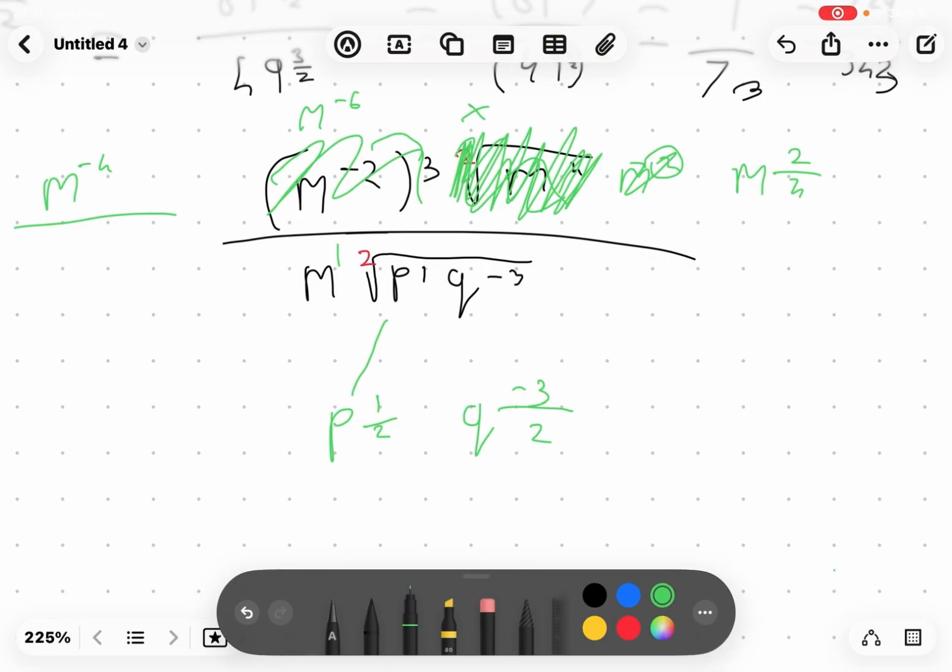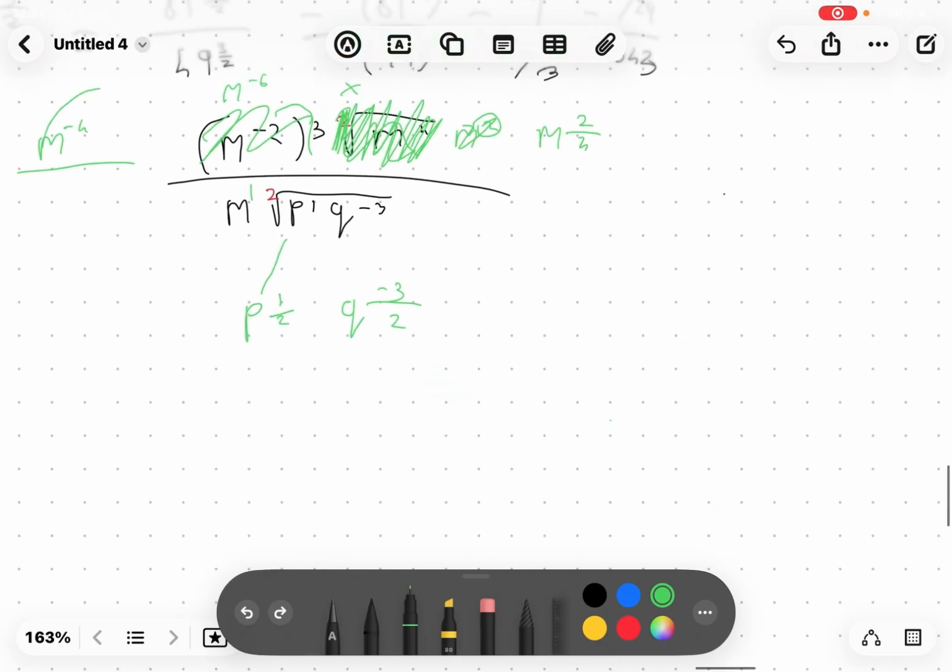After that, since these are not real numbers, we don't exactly have to solve them, we just have to simplify as much as possible. So what we have now is this and this. Well, they're dividing, so they do this thing. And so minus 4 minus 1 equals minus 5. So on the top we'll have minus 5, but we're going to move it to the bottom to make it positive.